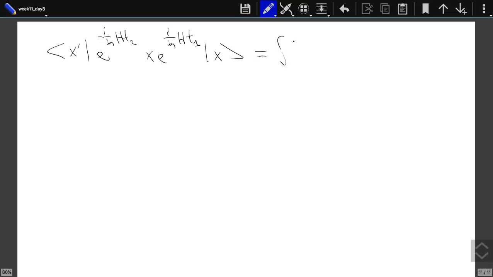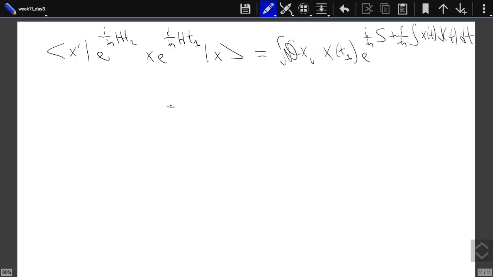This is equal to the integral dxi x of t1 e to the power i over h bar S. Now to this one we also added plus i over h bar x of t j of t dt.